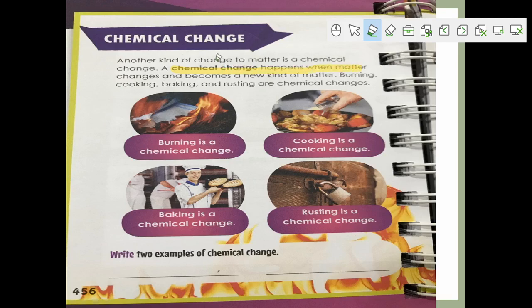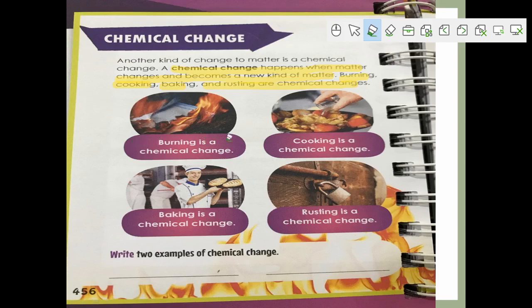Chemical change happens when matter changes and becomes a new kind of matter. Burning, cooking, baking, and rusting are chemical changes. These are examples of chemical changes: burning, cooking, baking, and rusting.